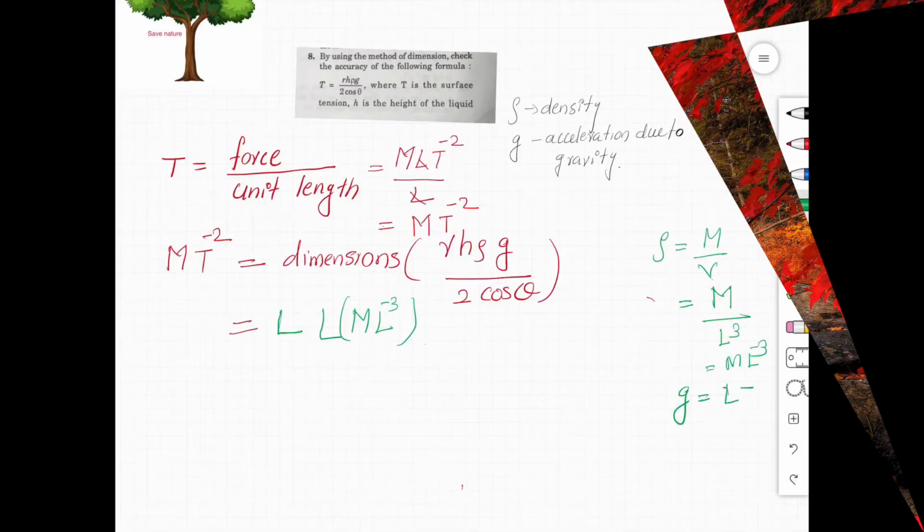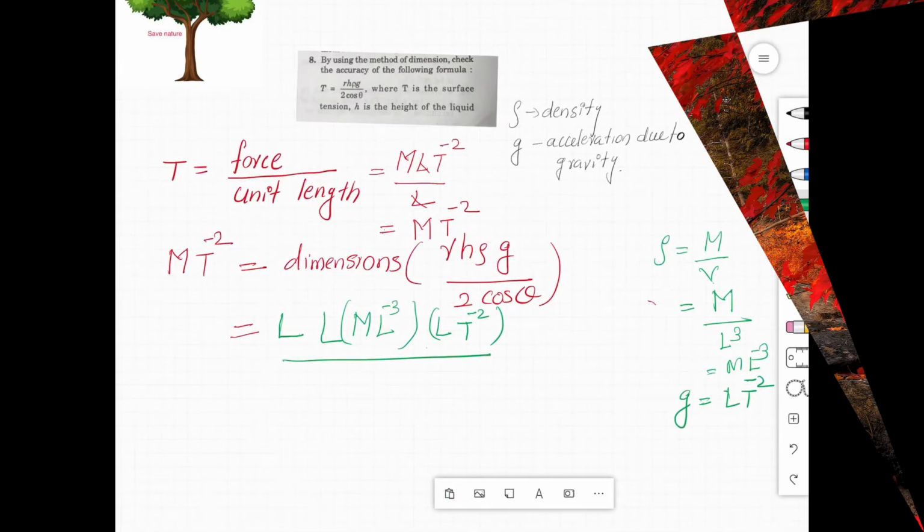So L T raised to minus 2 is the dimension of G. I am writing L T raised to minus 2 divided by 2 cos theta. 2 is a constant and cos theta is an angle. As you know, angle does not have any dimensions. They are dimensionless quantities, so simply I am writing 1.